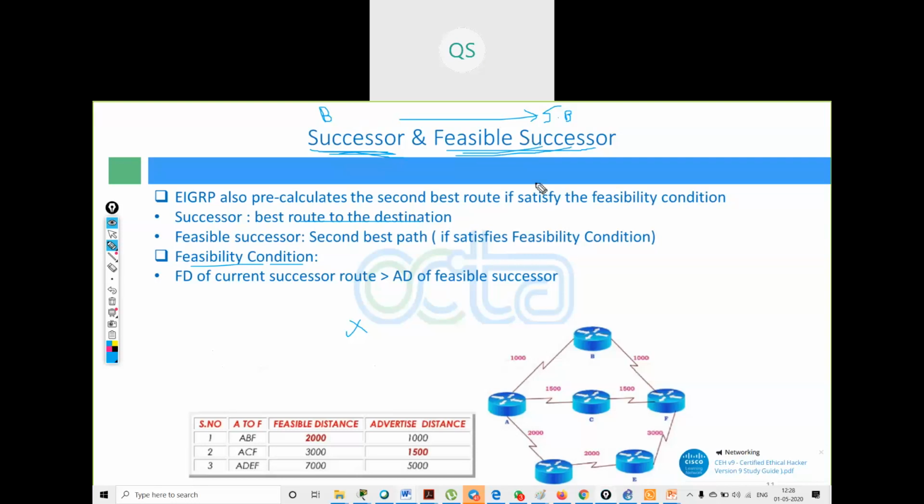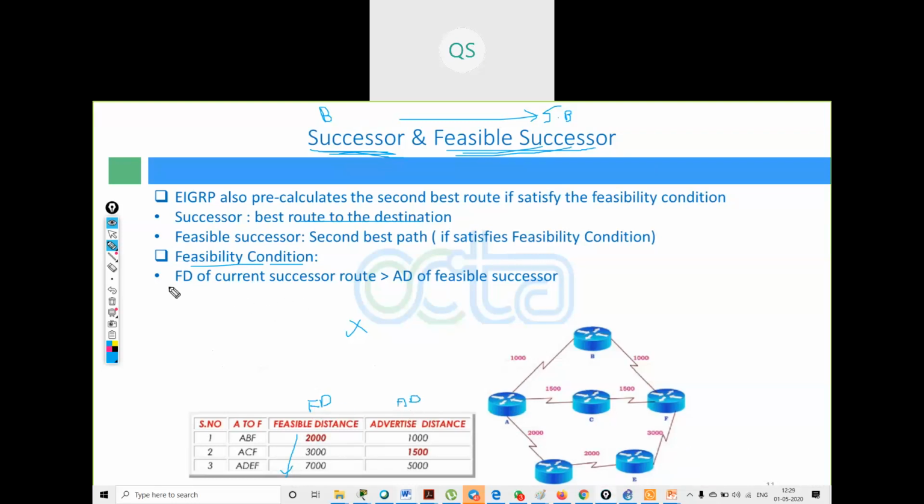So what is the condition? These are my FD values, feasible distance, and these are my AD values, advertised distance.